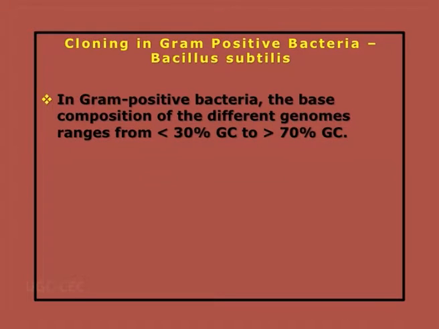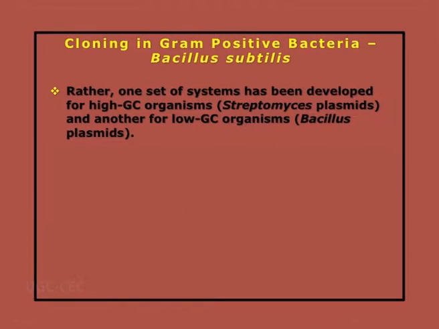Now, I will be discussing the cloning of genes in gram-positive bacteria. Why is it so important? Because gram-positive bacteria range in their GC content. There are gram-positive bacteria with low GC content, such as Bacillus subtilis, whereas high GC content gram-positive bacteria include Streptomyces.